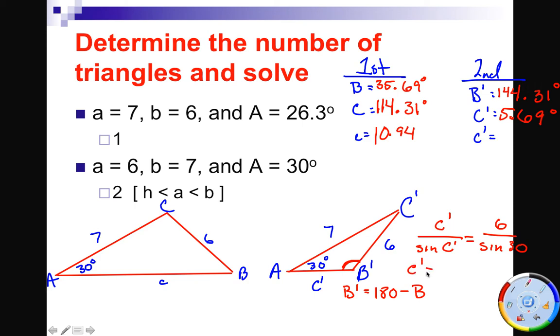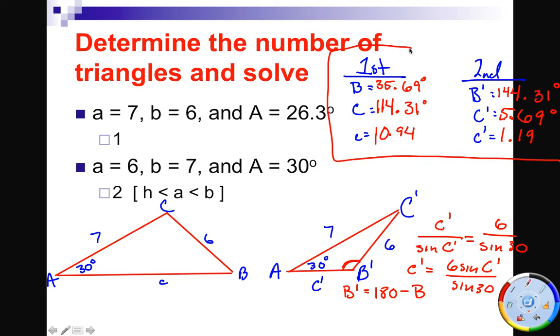So C prime is equal to 6 sine C prime over sine of 30. And voila, I get C is equal to 1.19 units, whatever the length is. And there we have now actually solved for both triangles.